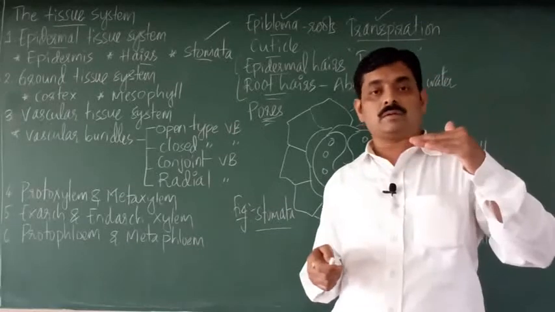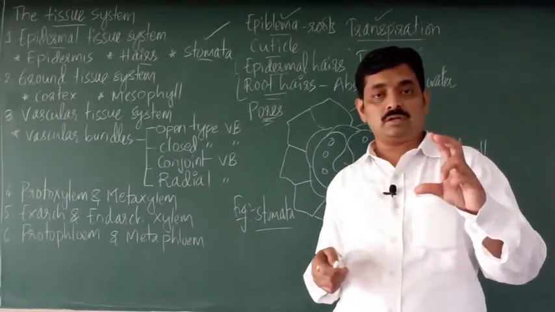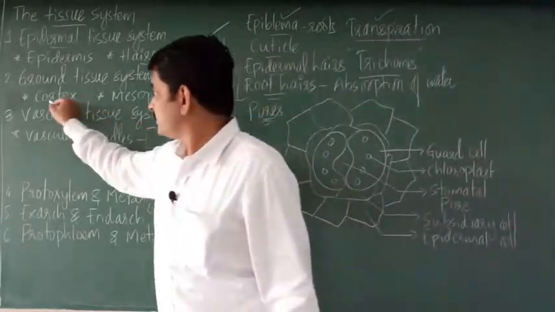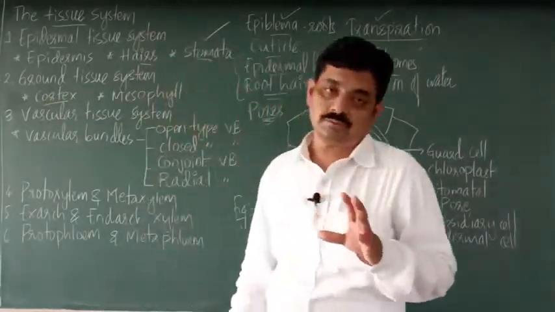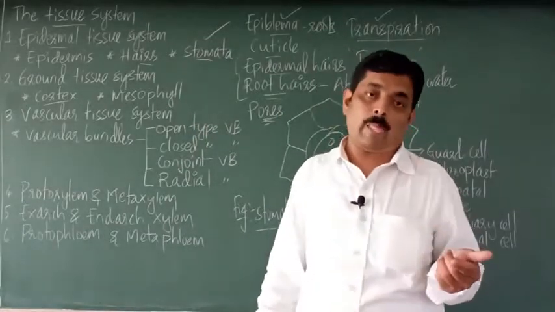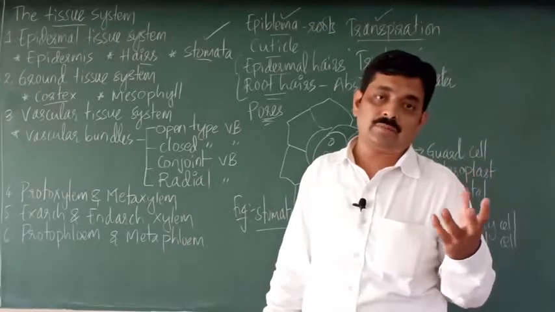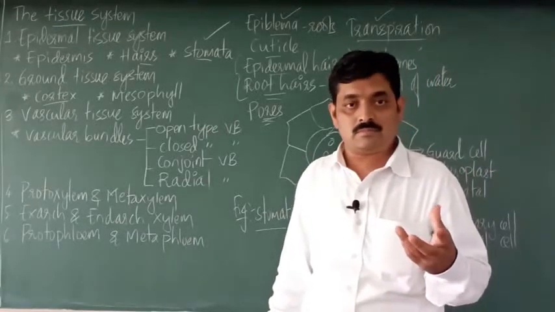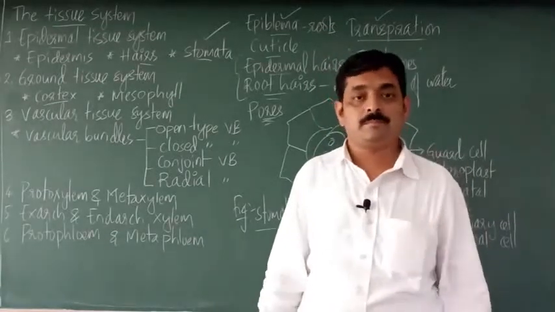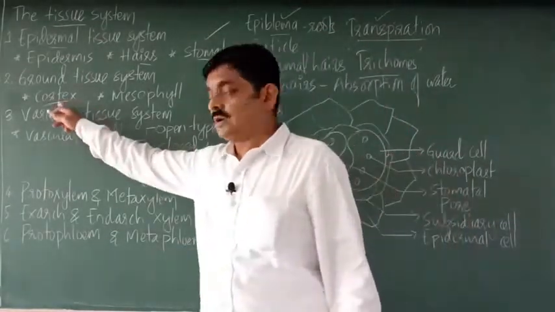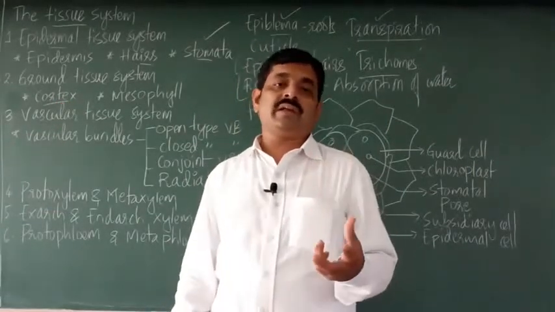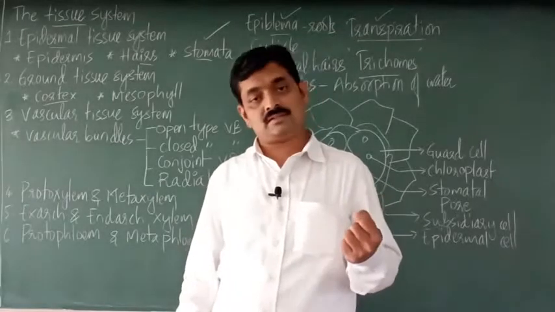Below the epidermis, there is a region which is called cortex. So in the anatomy of stem or root, the ground tissue system is mainly composed of cortex. Now this cortex is mainly composed of parenchyma cells.